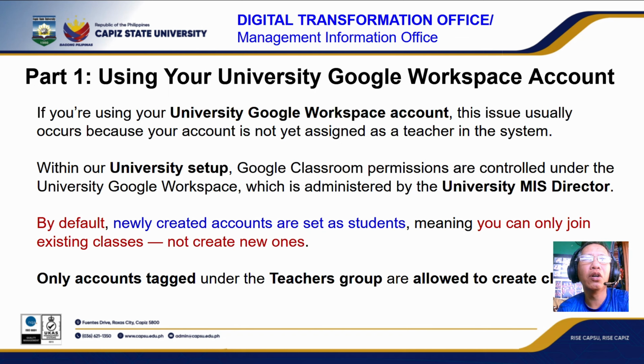By default, all newly created accounts are automatically tagged as students. This means you will only have access to join existing classes, but you won't be able to create a new class on your own. Only those accounts officially added to the teachers group are given the privilege to create classes.